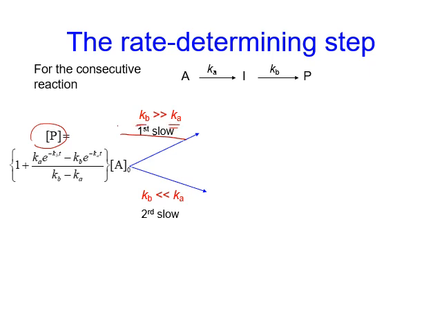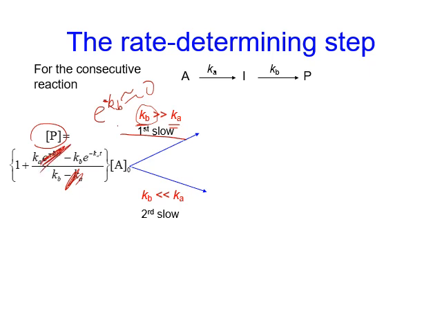Now, if Kb is much greater than Ka, then you can ignore Ka. And also the e to the Kb term will be a very large number, and if you have a negative sign, that means you divide by it, and that will be approximately 0. So you can ignore it.